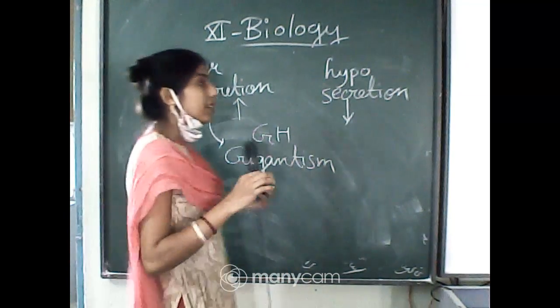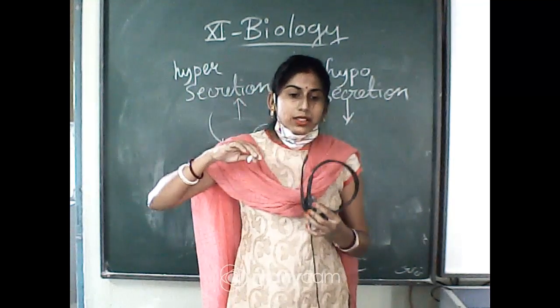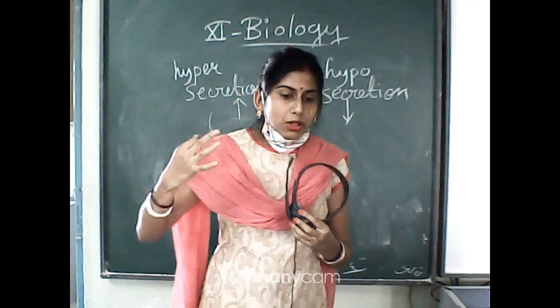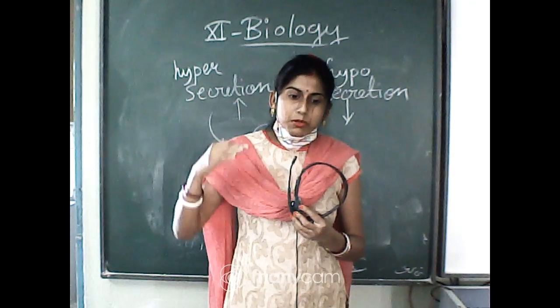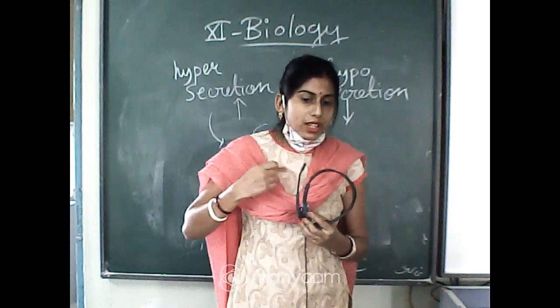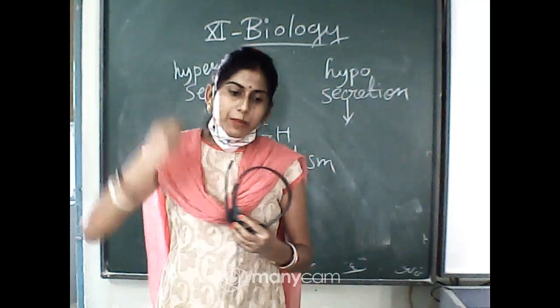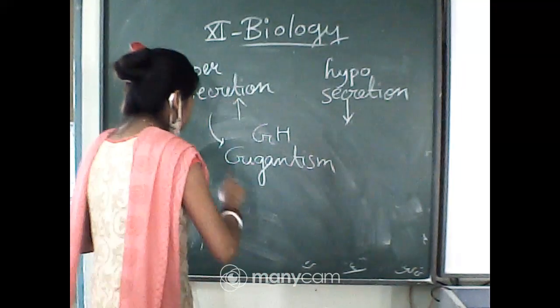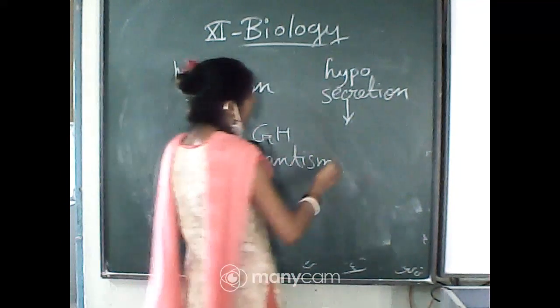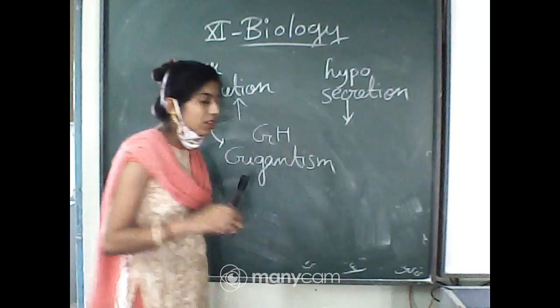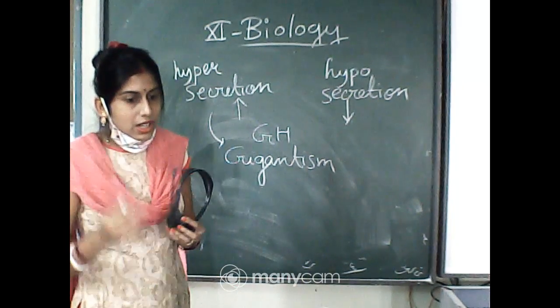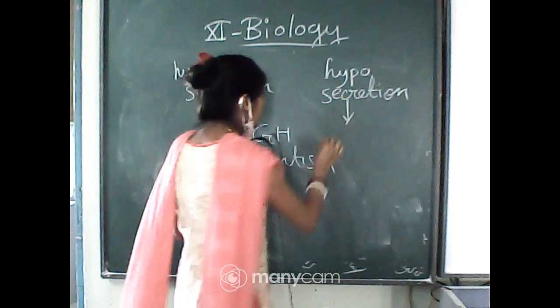That means the height of the person will be quite more than that of a normal person. Okay, so hypersecretion will cause gigantism, and hyposecretion will cause a condition called dwarfism.